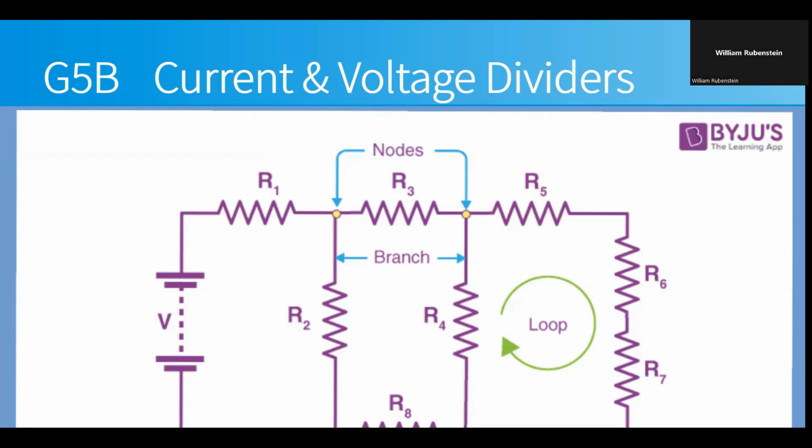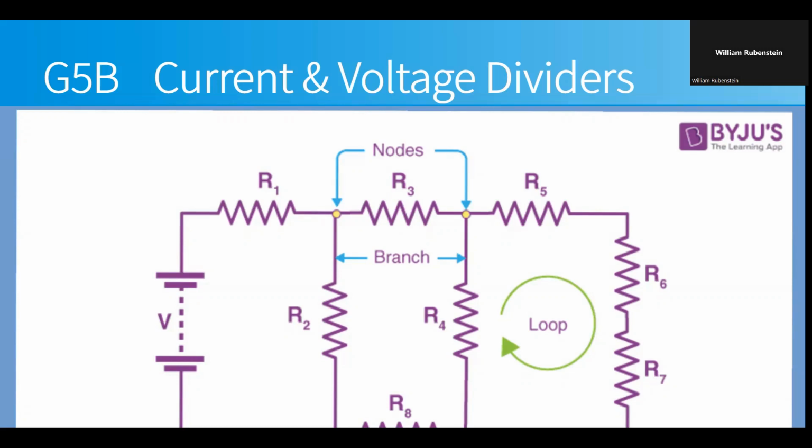Each of these points here are called nodes, what he talks about in Kirchhoff's law of the current entering that node. So if I had a current coming in here, the current going this way and the current going that way will equal the current coming in. So it has to add up to zero. And likewise, his voltage law, which we didn't talk about, says the voltages around the loop will equal zero.